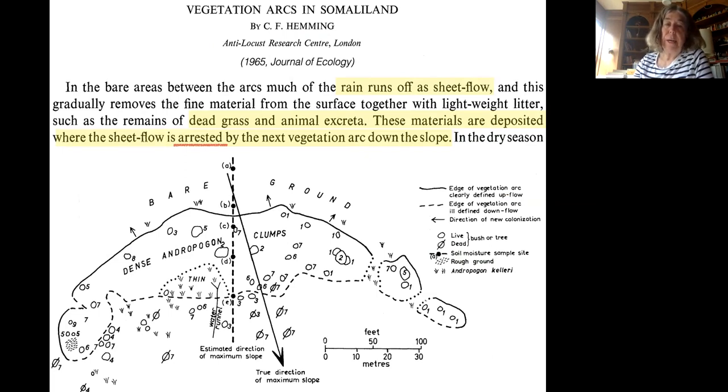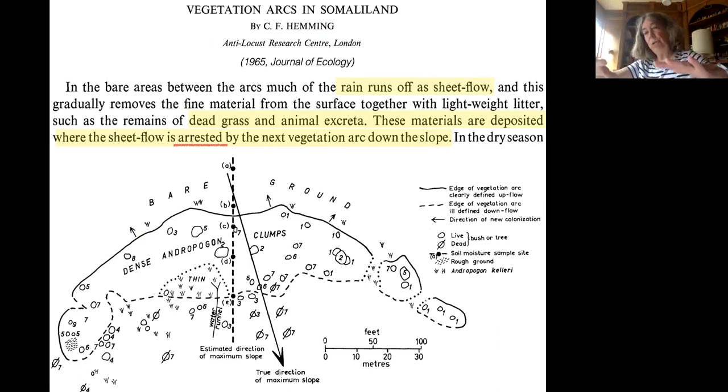But this is going back to one of these early studies, and they describe how this guy Hemming from the Anti-Locust Research Center is on the ground studying this, and says that when there's a rain event, the rain runs off as sheet flow.